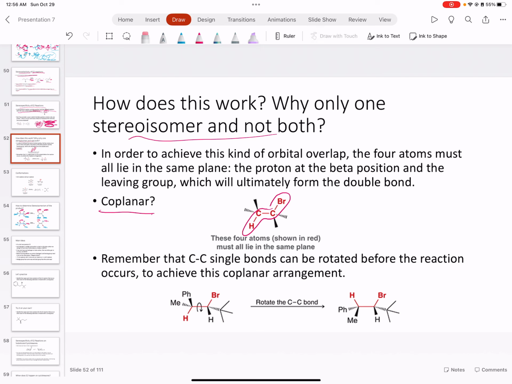So remember that carbon-carbon single bonds can be rotated. Therefore, before the reaction occurs, you rotate to achieve this coplanar arrangement. So you'll be like, what if my hydrogen that has to leave is not on a wedge? You can just rotate it.